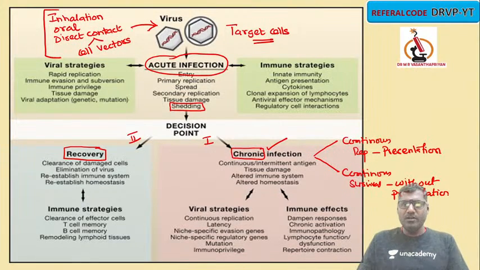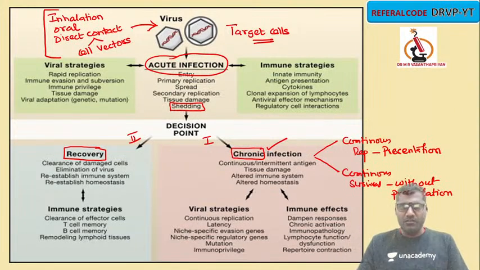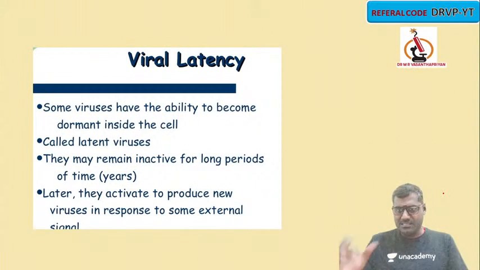The chronicity will be there, but there is a slight difference. In one, continuous replication makes the presentation of the virus. In the second, it replicates or survives but without making any presentation. That second component is considered latency.